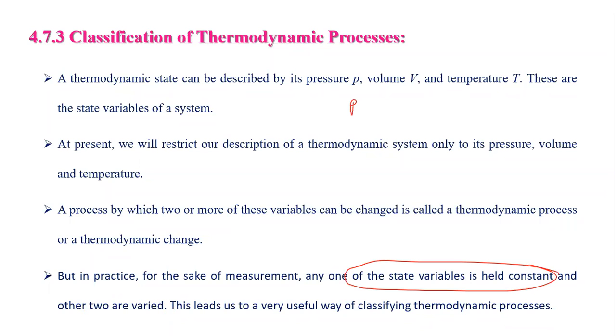You know that PV is equal to RT. In that, one we have to keep constant. For example, when it is isothermal, temperature is constant, and the other two are variable, means changing, varied. And this leads to several thermodynamic processes. Now let me discuss one by one here.